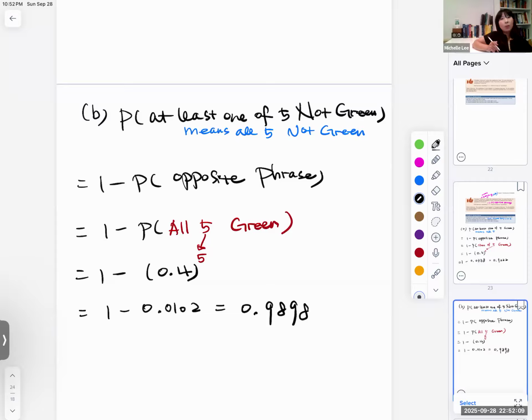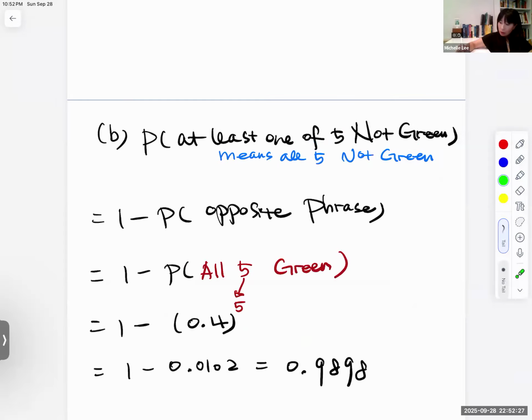So there is about a 1% chance we will see all green lights, and 99% chance that we don't see at least 1 red light. Make sense? Okay, we are done for this section. Thank you for watching. I will see you in the next video. Bye-bye.